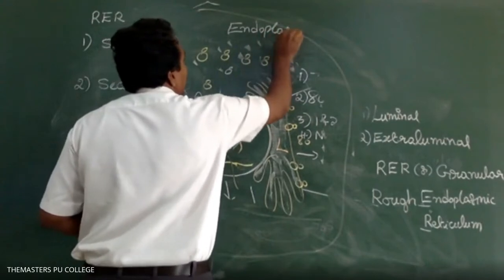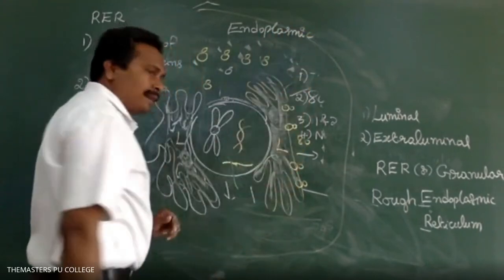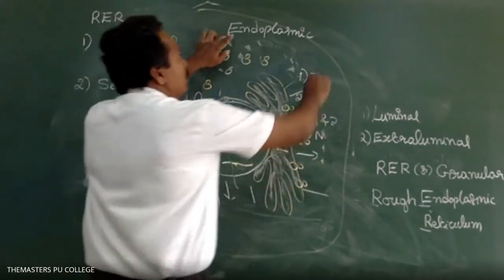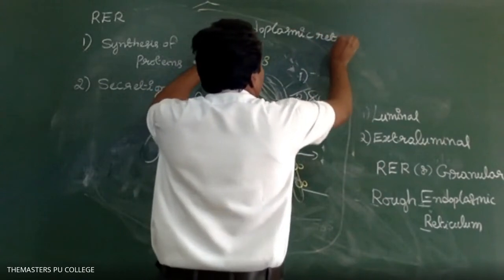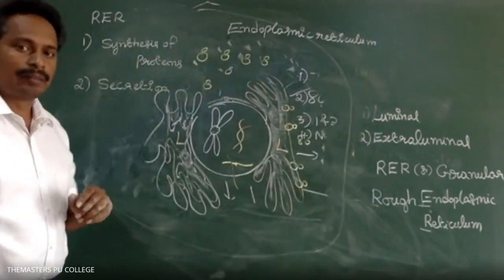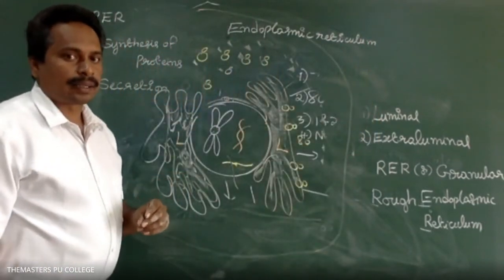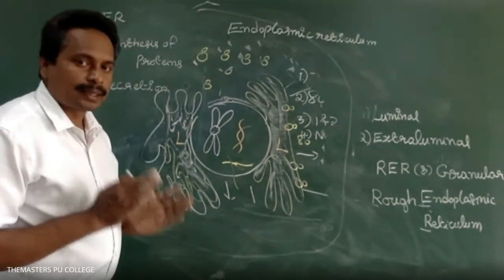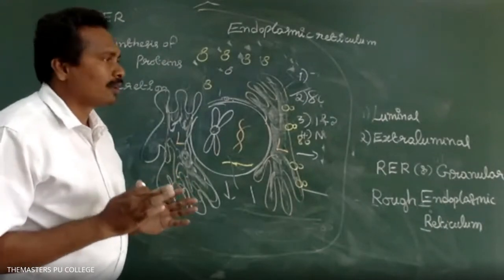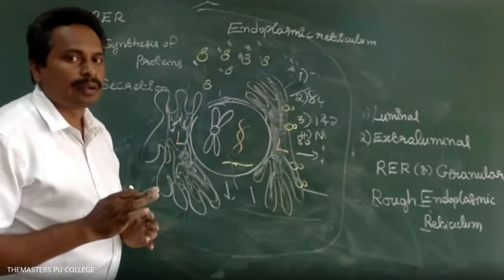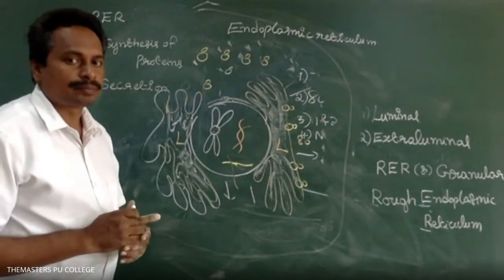Endoplasmic means inside the protoplasm. Reticulum means net-like; we have already learned about reticulate venation. One of the cell organelles in the cytoplasm of the eukaryotic cell forms a net-like structure, so that cell organelle is called endoplasmic reticulum. Okay, sir. Thank you, sir.